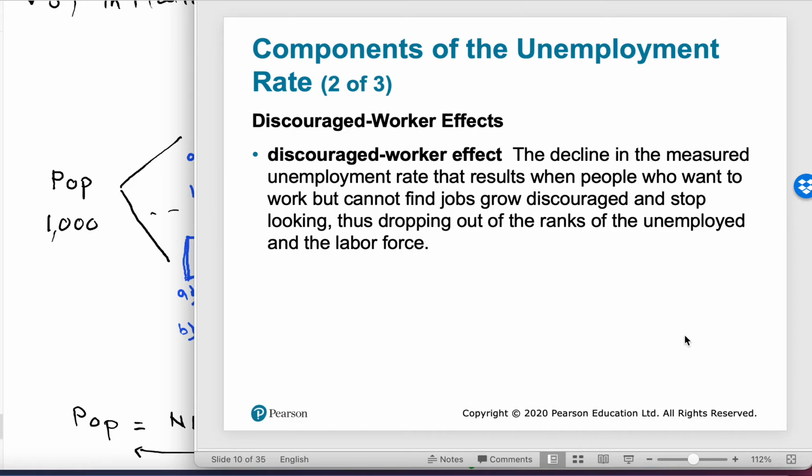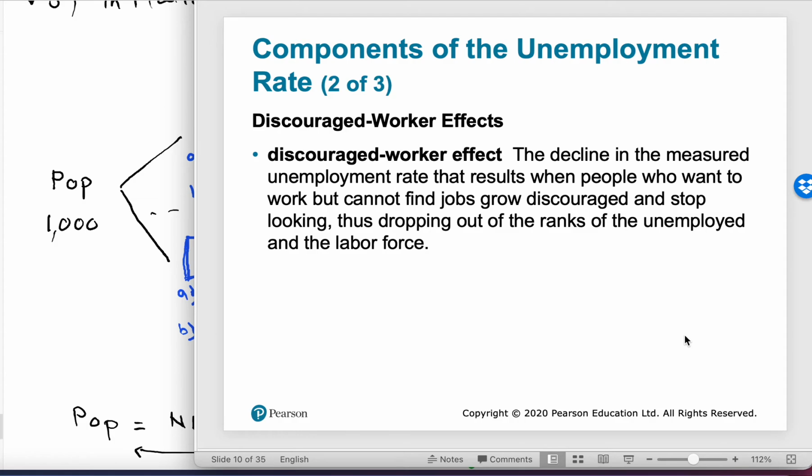The book is only focused on the discouraged worker effect, the decline in the measured unemployment rate that results when people who want to work but cannot find a job grow discouraged and stop looking. The moment they stop looking, they should be counted as not in the labor force. So dropping the base of the calculation, the denominator or the base of the labor force is going to be deducted. This is happening once the labor force participation rate drops.